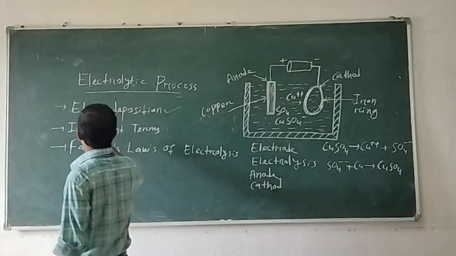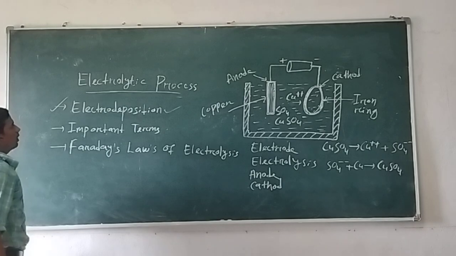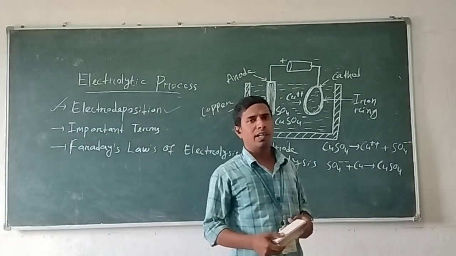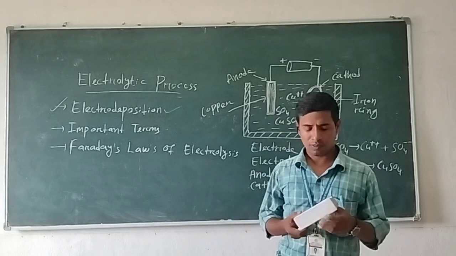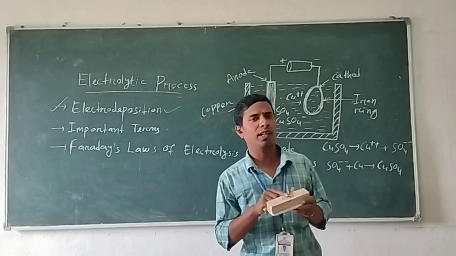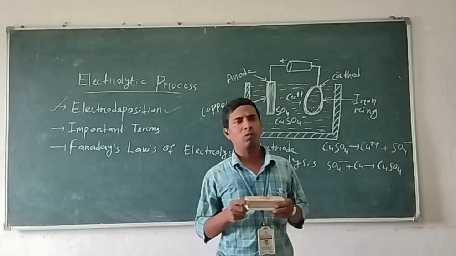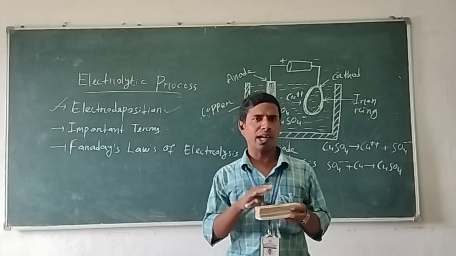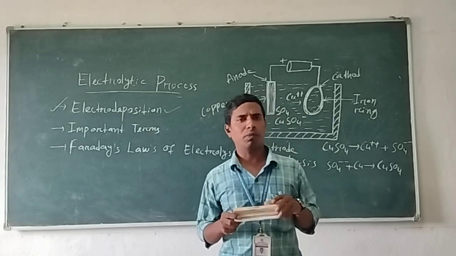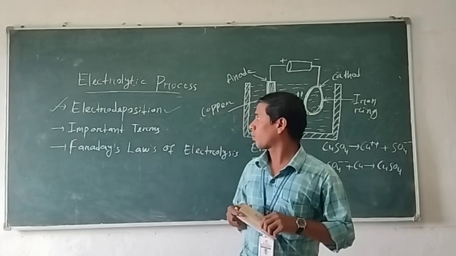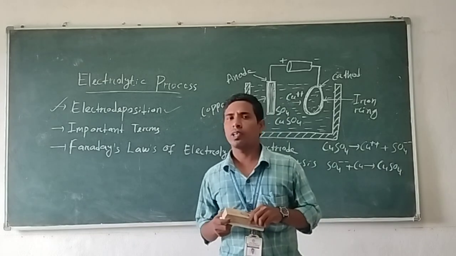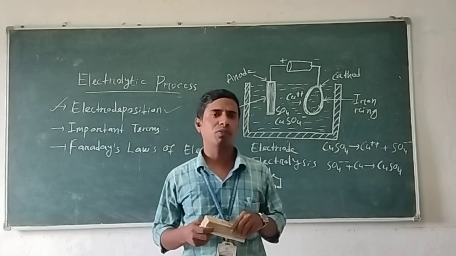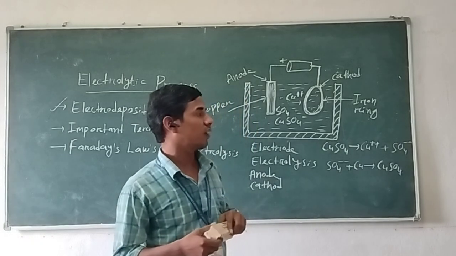So the definition of electrodeposition: by the electrolytic process, suppose we take a metal A, and if we layer another metal over that metal, then we call it electrodeposition. So electrodeposition is a process by means of electrolysis.